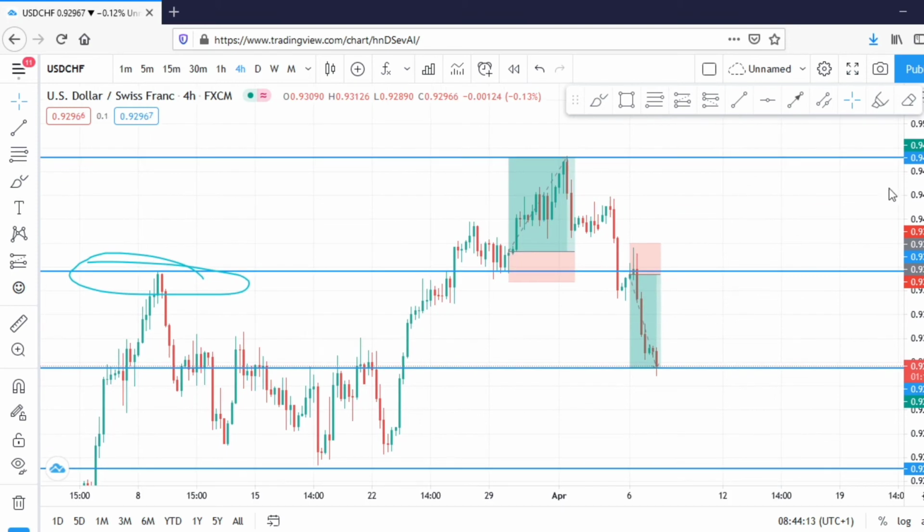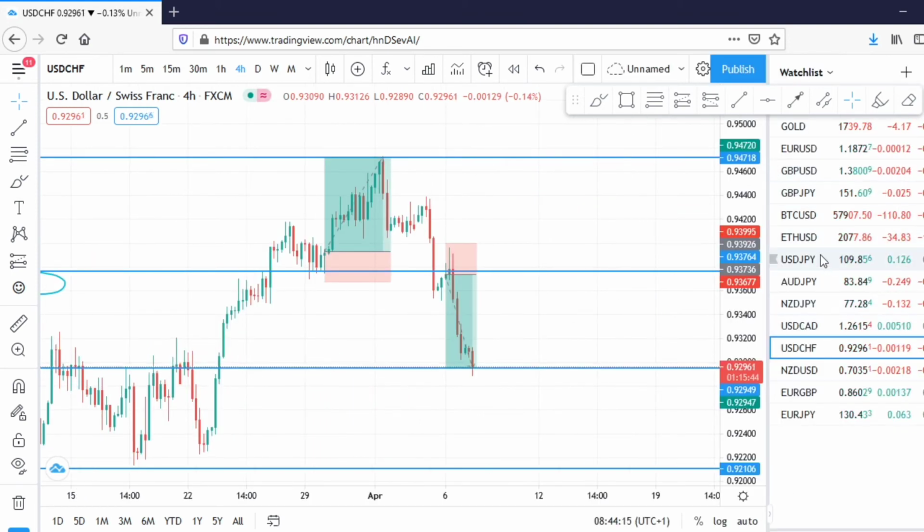So it's a very, very easy strategy to use. You can use it on any currency pair at all, and it can really make you a lot of money depending on how well you're able to use it. Okay, let me show you one on Euro USD.